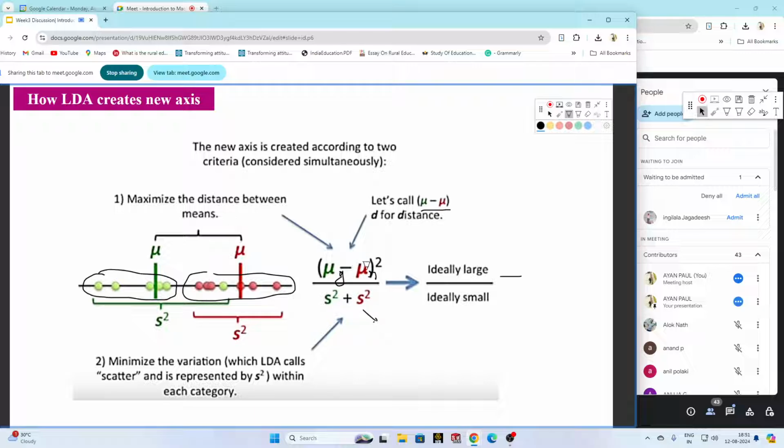The numerator is called variation between the classes, and the denominator is known as variation within the classes. So variation between the classes should ideally be large, and variation within the classes should ideally be small. That is the idea of how we create our new axis.